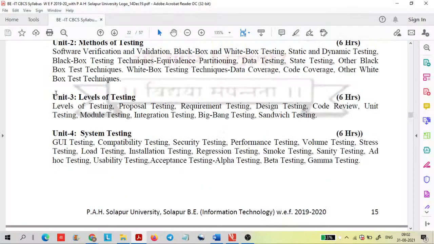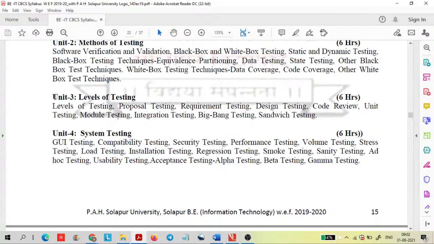So today, unit 3, that is the levels of testing. Here we'll discuss all the different levels, starting from functional testing and non-functional testing, unit testing, then module testing, integration testing, big bang, sandwich, and so on, and after that system testing.